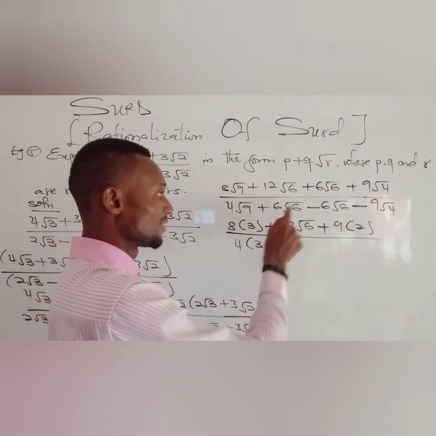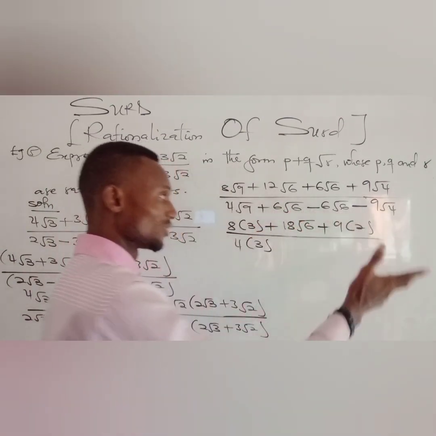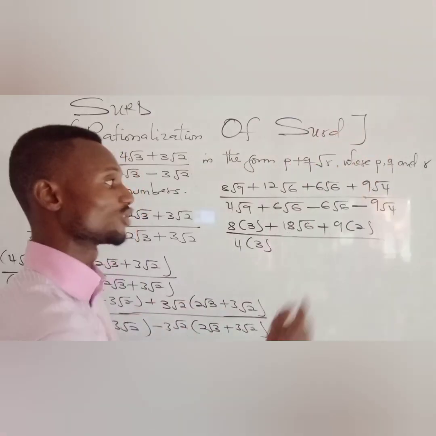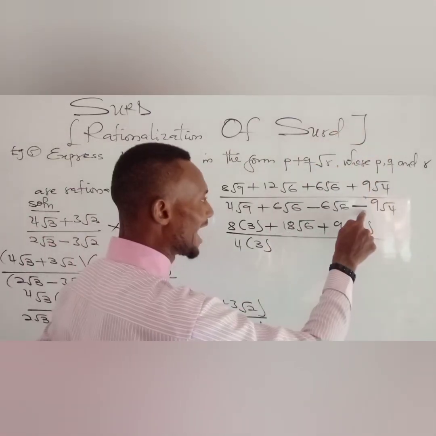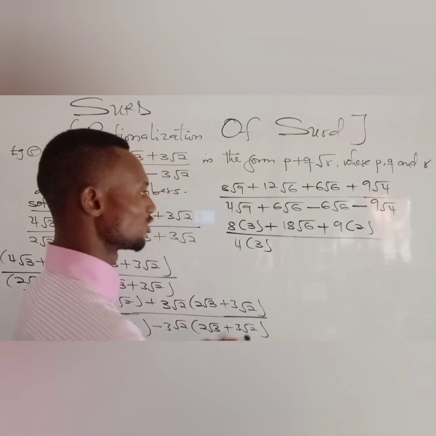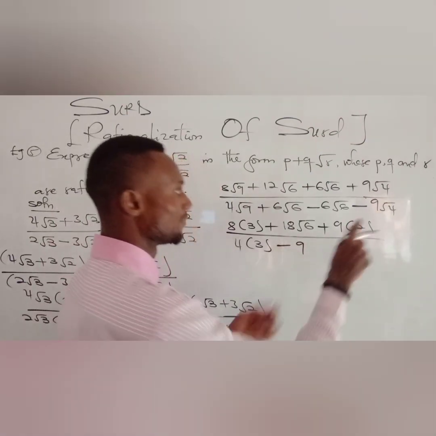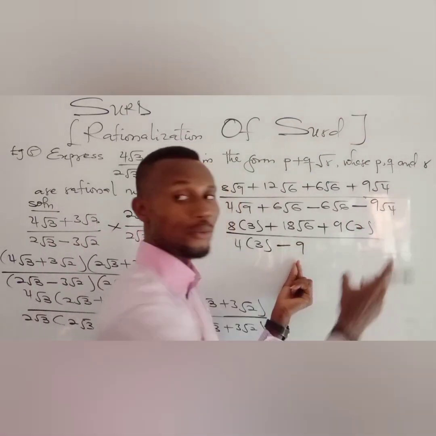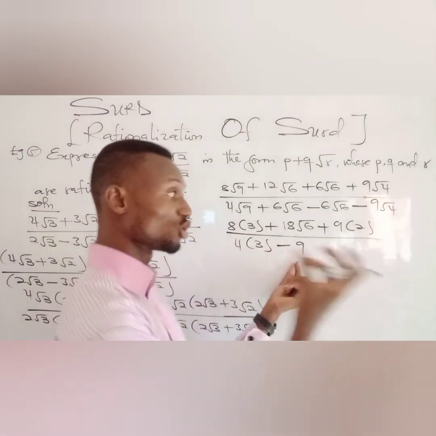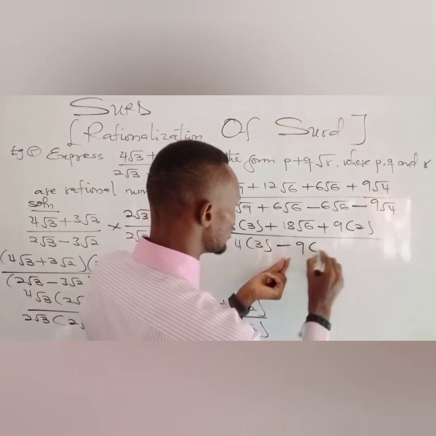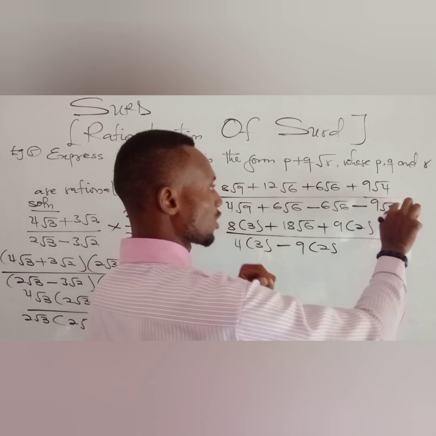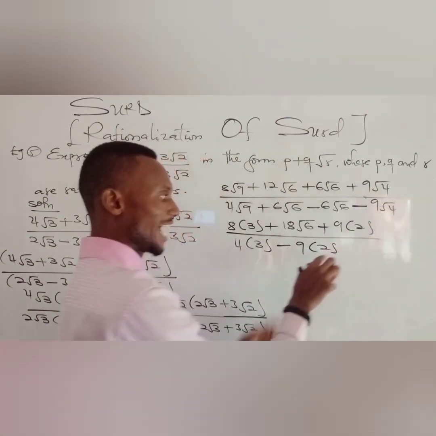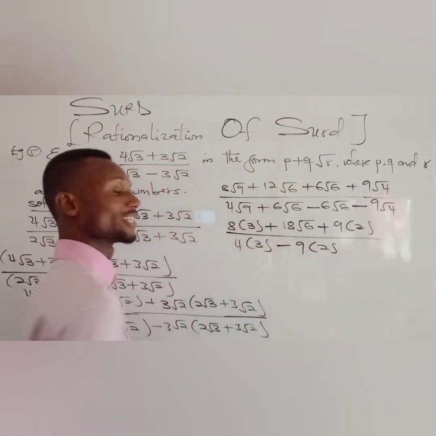So we are left with minus 9 root 4. So minus 9. Then you see that we can get an answer for the square root of 4, which is 2. So minus 9 into bracket 2, because the square root of 4 gives 2 and the minus 9 is multiplying it.